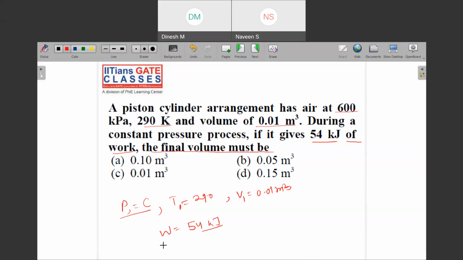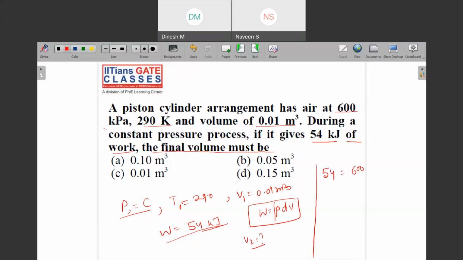If data about work is given, where have we seen things related to pressure, volume and other quantities? I have seen this one: W is the integral of PdV, and V2 is asked. So W is given as 54, equal to the pressure, 600 kilopascal.